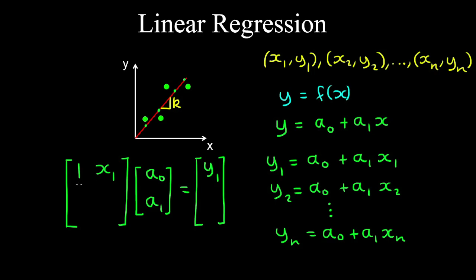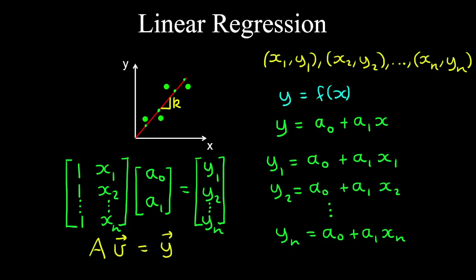And for our second equation, we'd have a0 plus a1 x2 is equal to y2, and so on. And finally, a0 plus a1 by xn is equal to yn. So we'd have A by our vector of coefficients is equal to y.